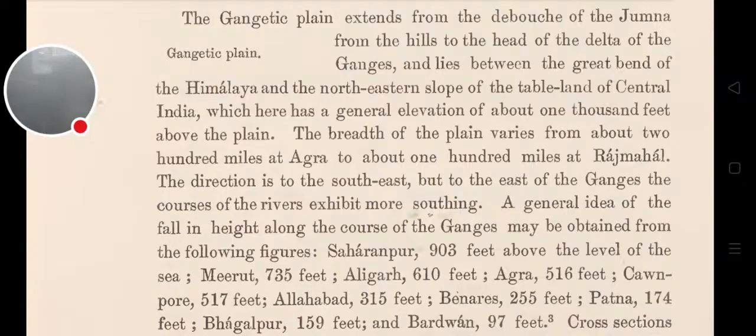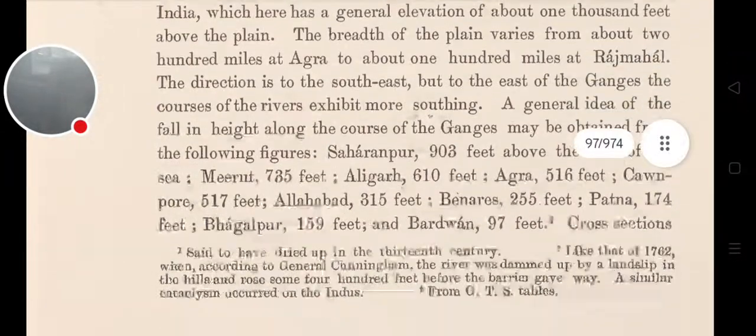The direction is to the southeast, but to the east of the Ganges, the courses of the rivers exhibit more southing. A general idea of the fall in height along the course of the Ganges may be obtained from the following figures.